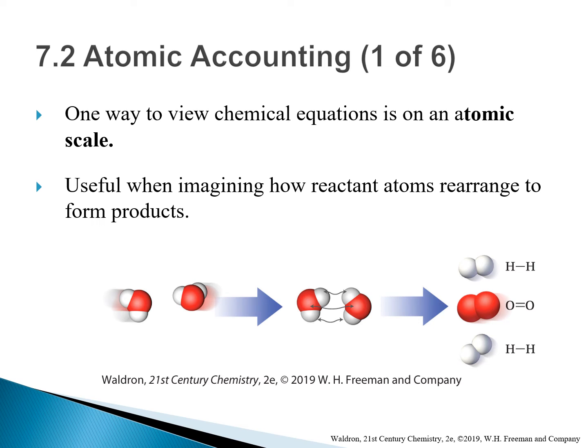It is useful when imagining the reactants as structures moving through space, perhaps colliding and forming the new structures that are the products. On the atomic scale, we can visualize how water is converted to hydrogen and oxygen by imagining the collision of 2 molecules and the formation of products as the atoms change bonding partners.